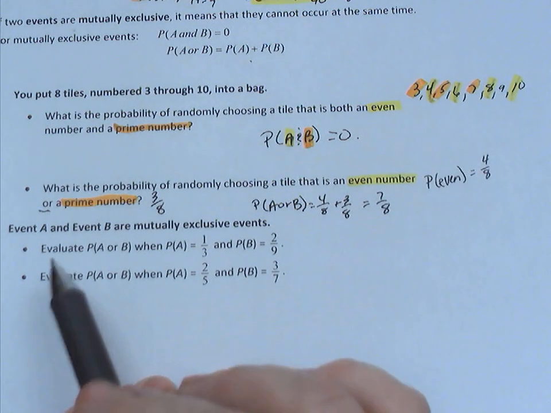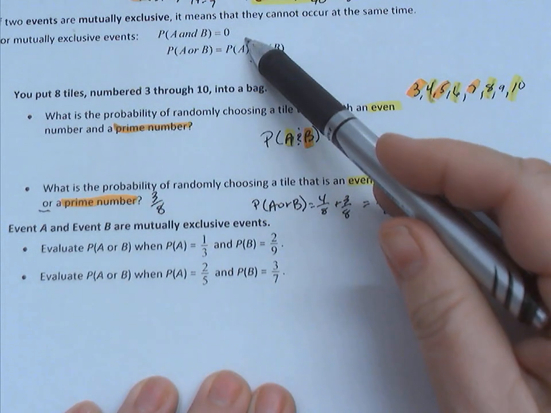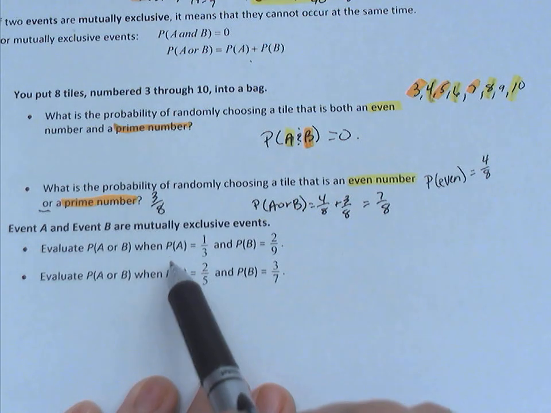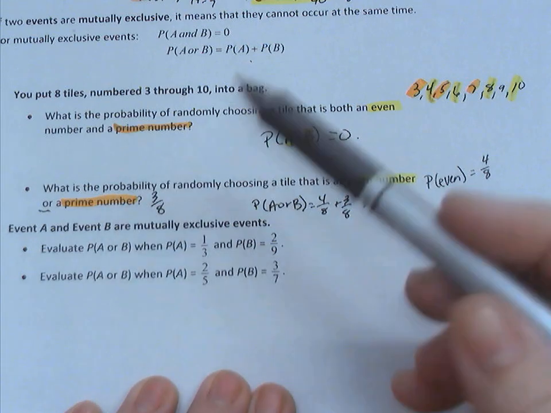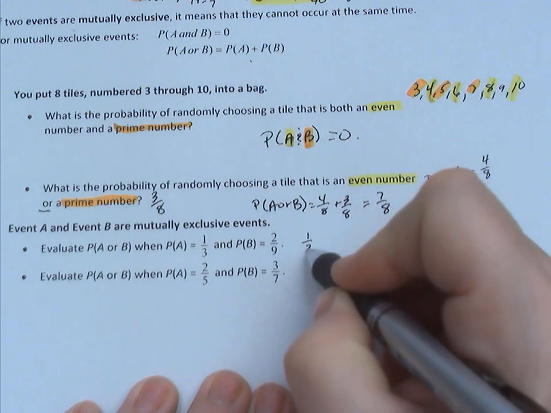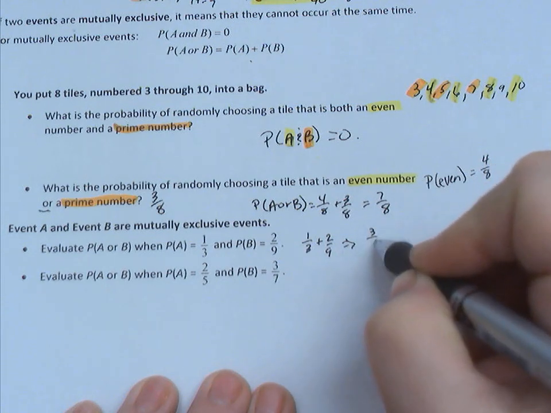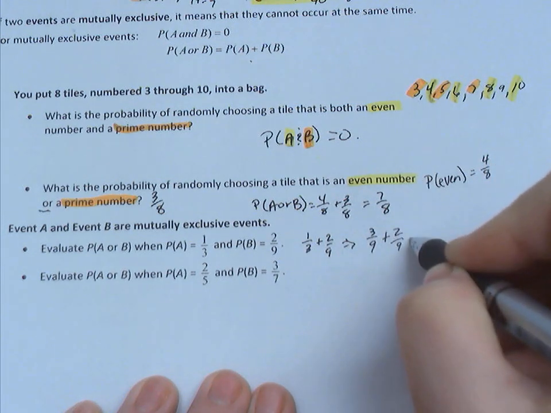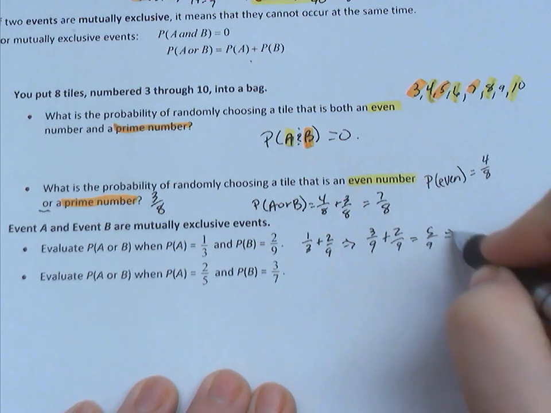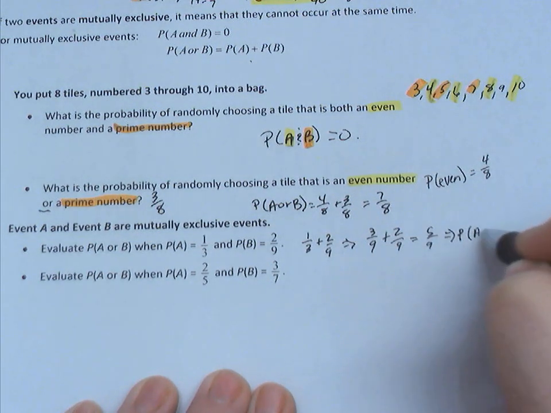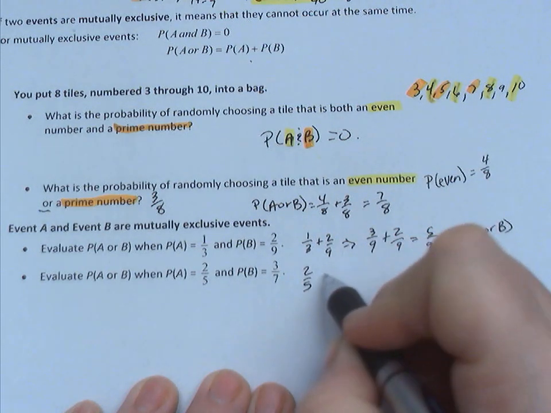Okay, so now I have two mutually exclusive events. It tells me that, so I'm following these procedures up here. With an or, I'm looking at adding their probabilities. Both of these are or, so I'm going to add them together. So 1/3 plus 2/9, which equals 3/9 plus 2/9, which equals 5/9. That's the probability of A or B. And down here I have 2/5, again mutually exclusive.